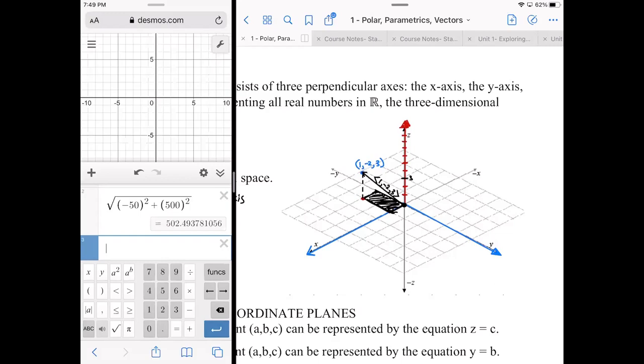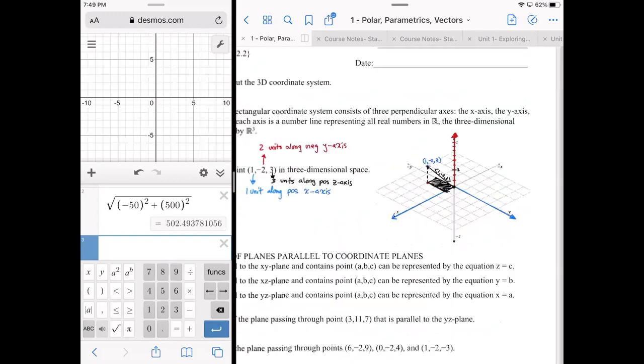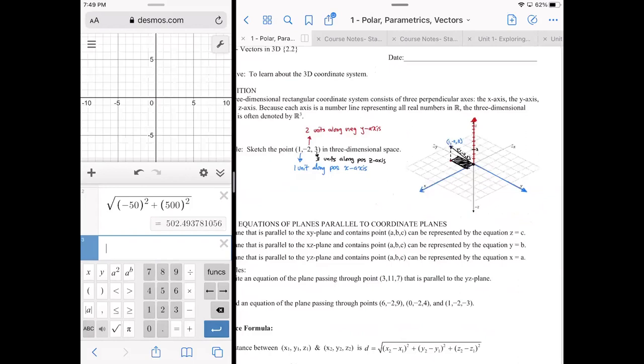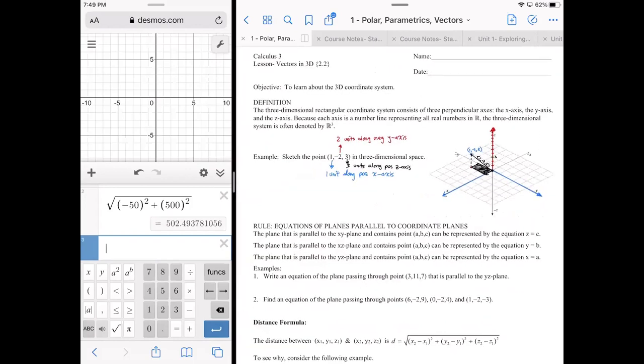So when we talk about planes, we're going to talk about plotting points, lines, planes, really anything geometric that you can think of, but in 3 dimensions. If I tell you to draw something that's 2-dimensional in a 3-dimensional space, the only difference is the perspective.